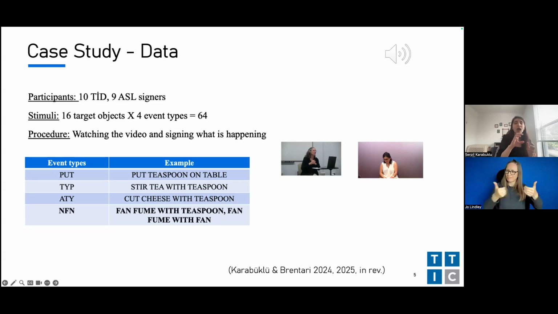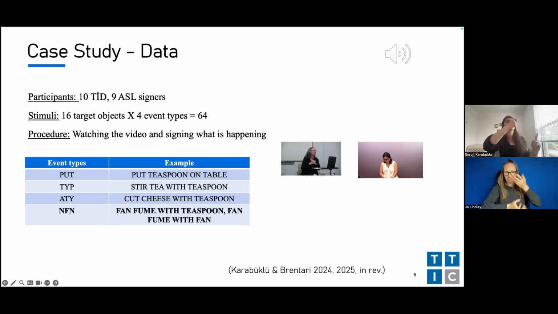One is where the signer fails to do the event, like fanning the fume with a teaspoon. And we see the head nod at the end of this clause, but it doesn't convey any success or failure. It only shows that the signer is still continuing their sentence or discourse.